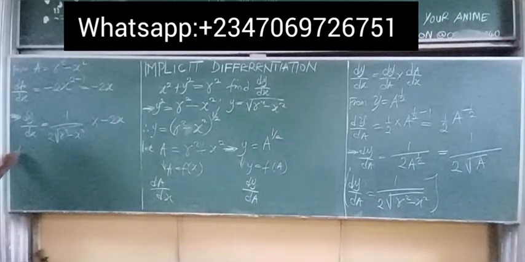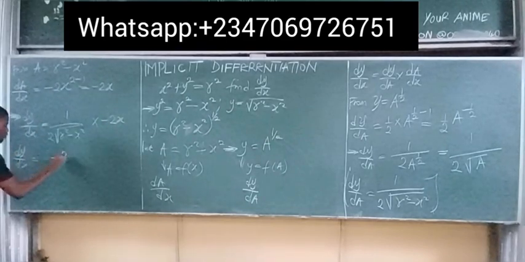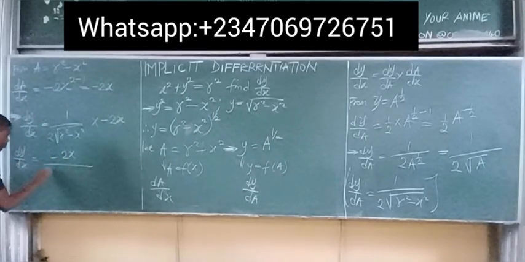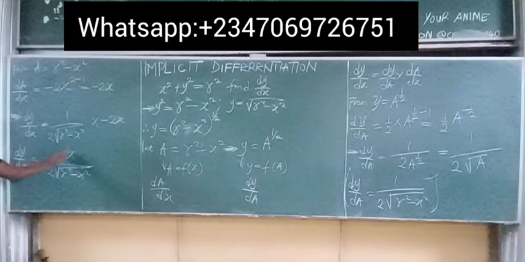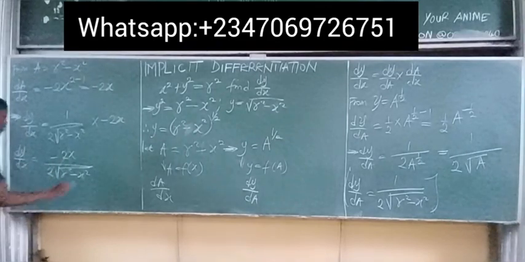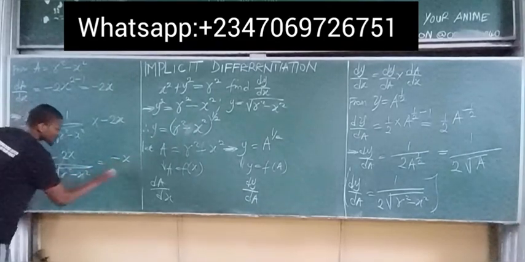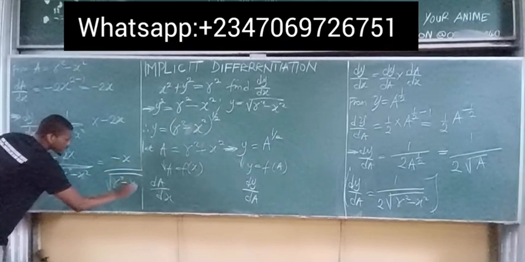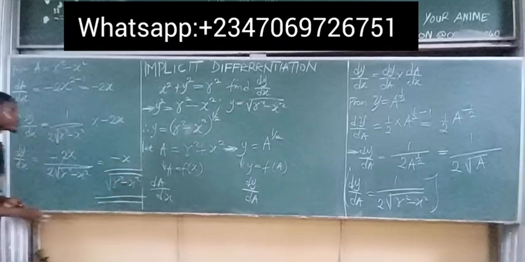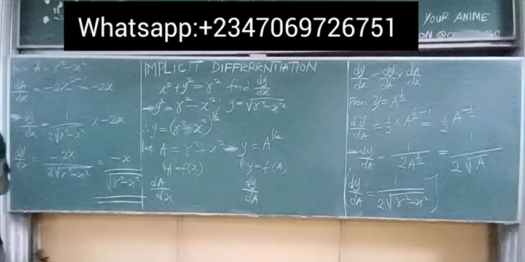So this can be written as dy/dx is equal to minus 2x all over 2 root r squared minus x squared. From here it's simple. 2 can strike 2. I'm simply left with minus x all over the square root of r squared minus x squared. So this gives us the value of that given derivative.